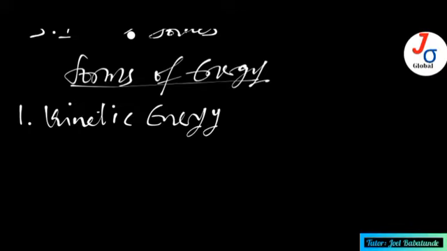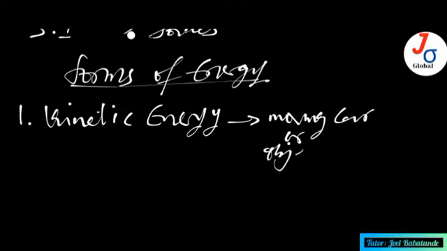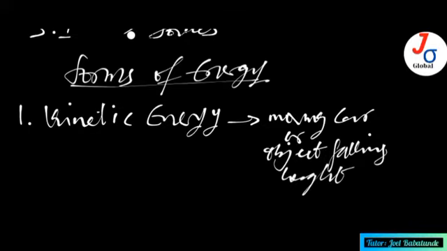When something is moving, we say that such a thing possesses kinetic energy. For example, a moving car, or an object falling from a height, possesses kinetic energy.